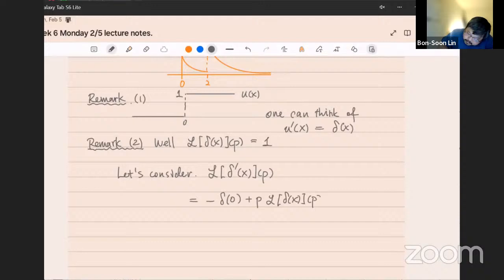So this is the Laplace transform of the derivative of delta, if this even makes sense. Of course, it doesn't quite make sense, so we're going to make symbolic sense out of this.